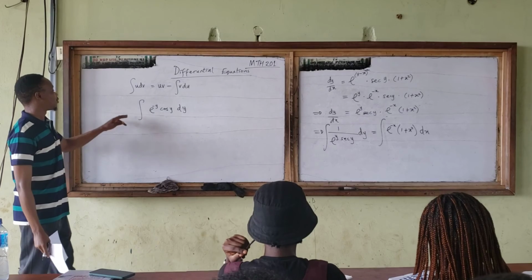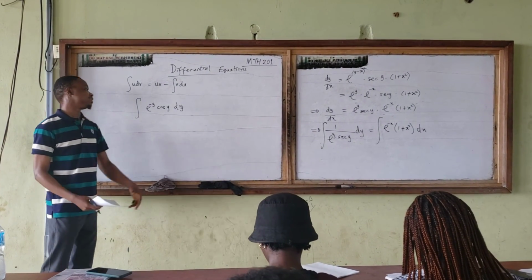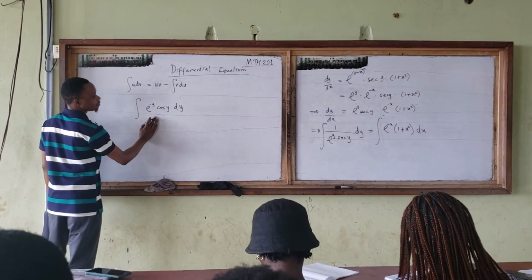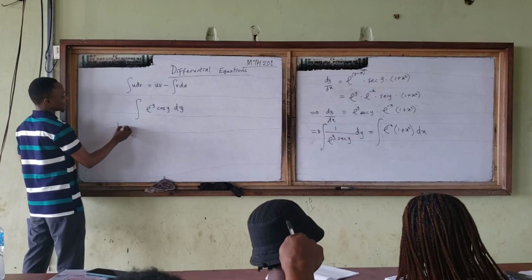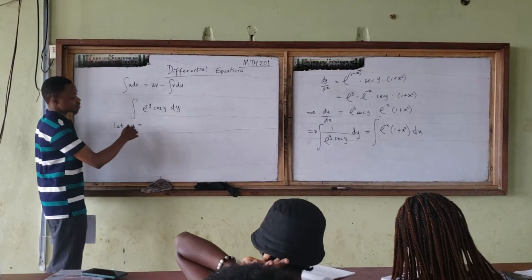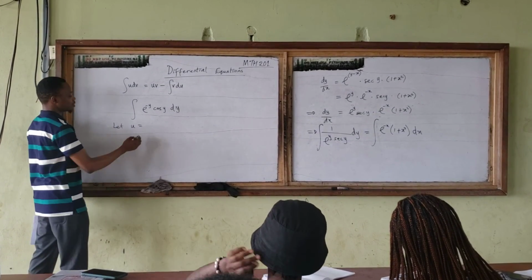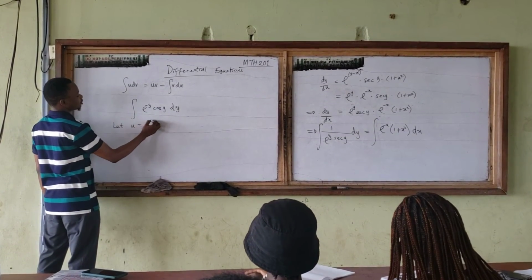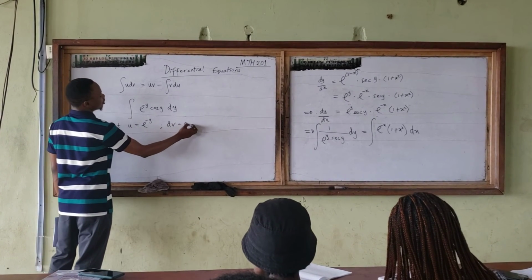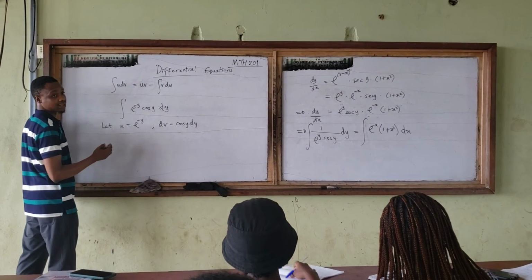So I'm going to take one of them as my u and the other one as my v. You can take either of them because both of them are easy to differentiate and also integrate. So let's say u is equal to e raised to power minus y, dv is equal to cos y dy. Is that clear? Do you understand this idea?